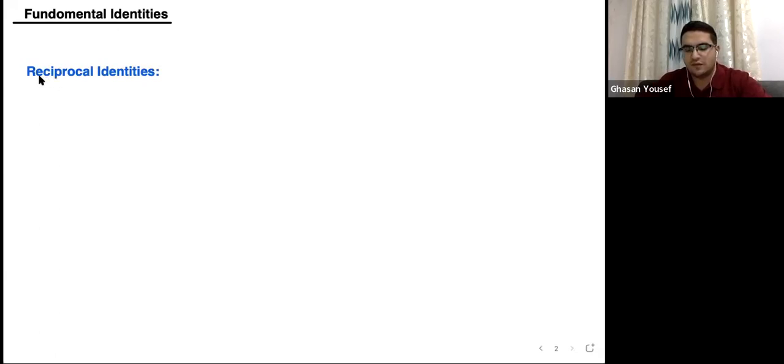First of all, the reciprocal identities. We have cosecant theta, the reciprocal, equals 1 over sine theta.